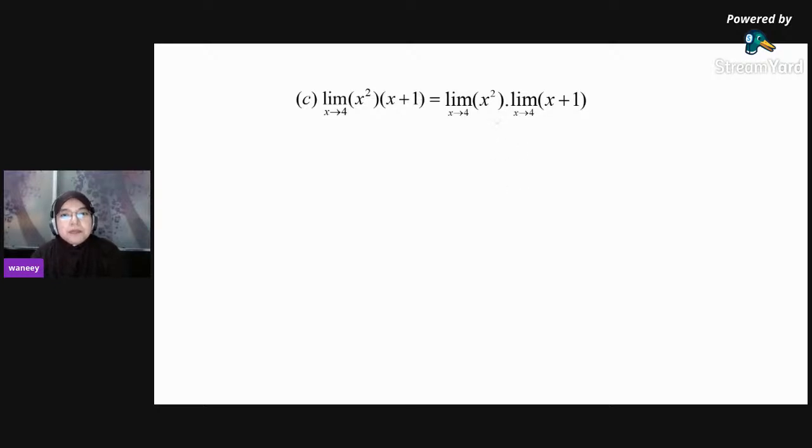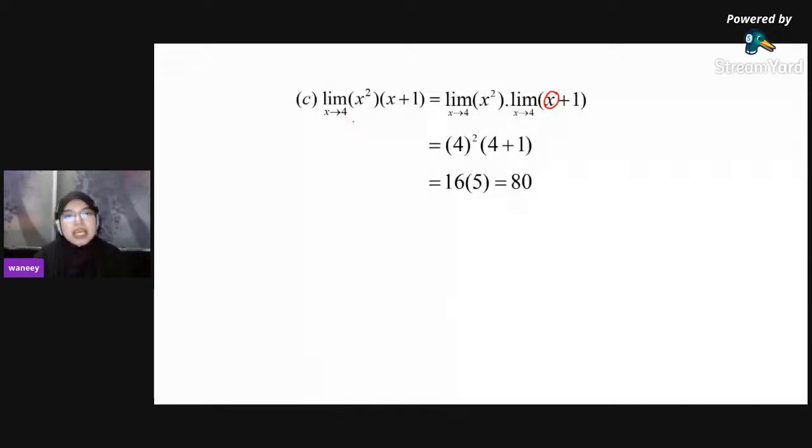So substitute the value of x with 4. We are going to get 4 squared. Substitute the value of x over here with 4. We are going to get 4 plus 1. So it will become 4 squared multiplied with 4 plus 1. So 16 multiplied with 5, which is simply equal to 80.